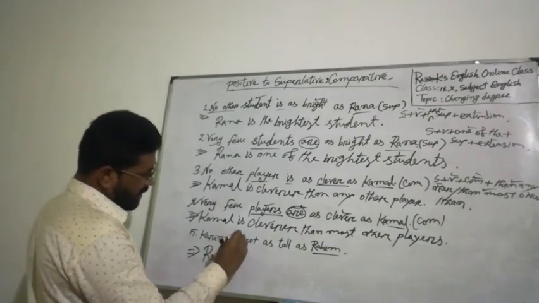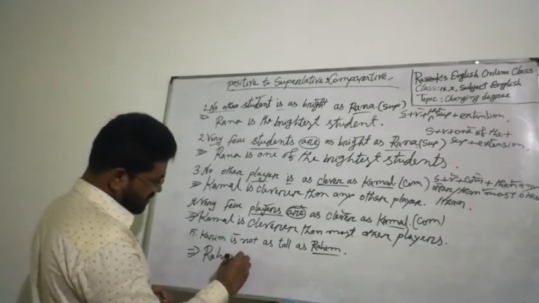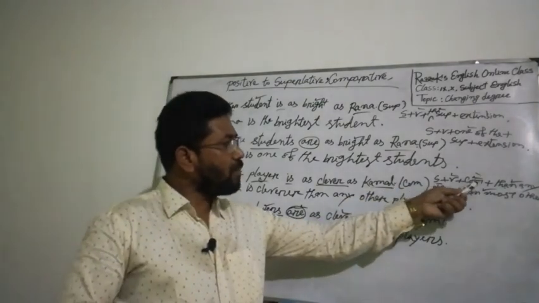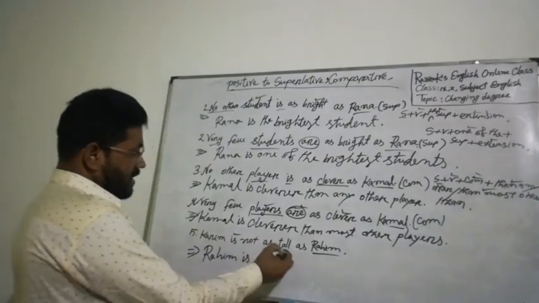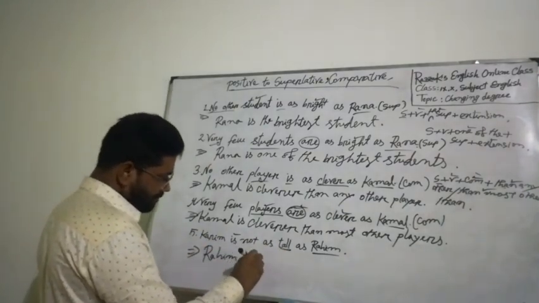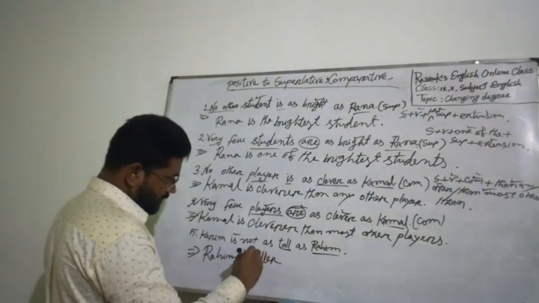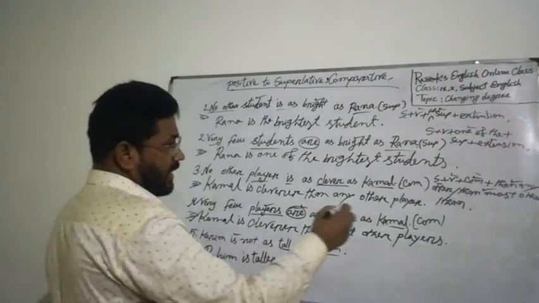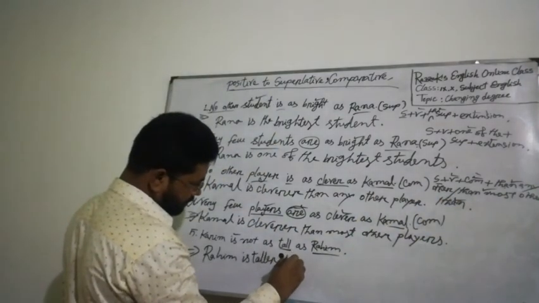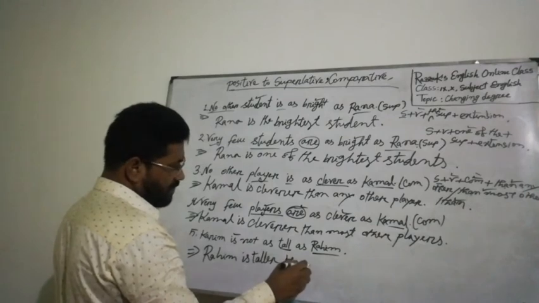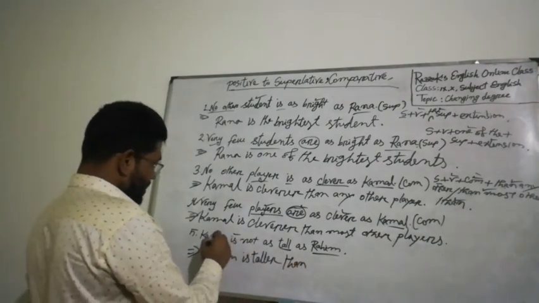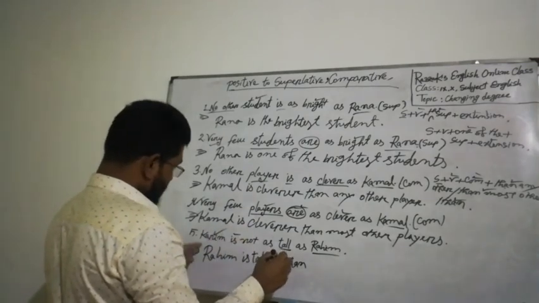Rahim, then the verb must be settled. Rahim is. Then you should write the comparative form of the positive form. The comparative form of tall is taller. Then you should use only then. Then after then you should use just the extension.